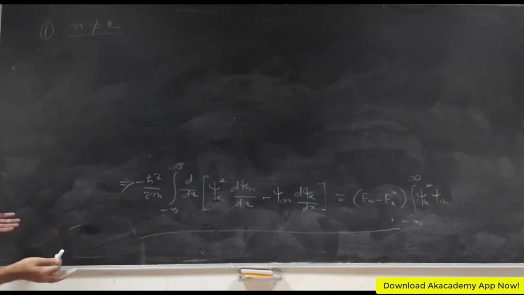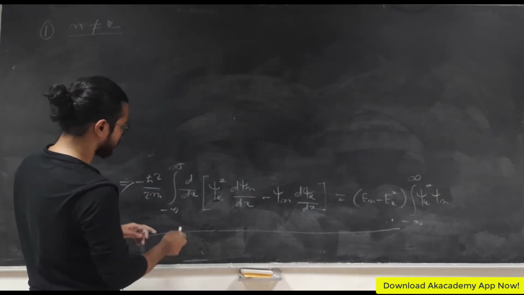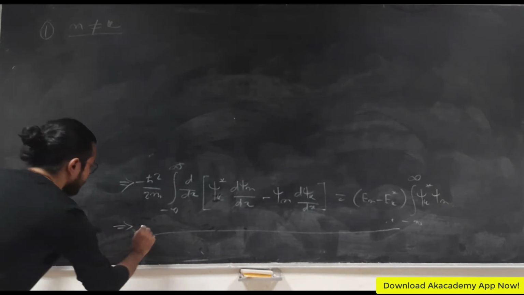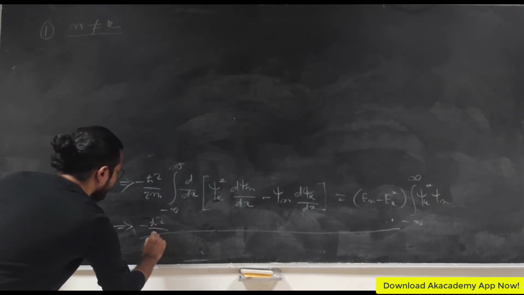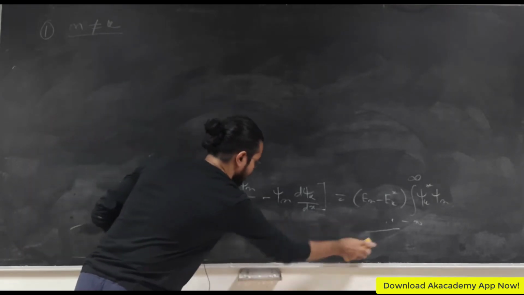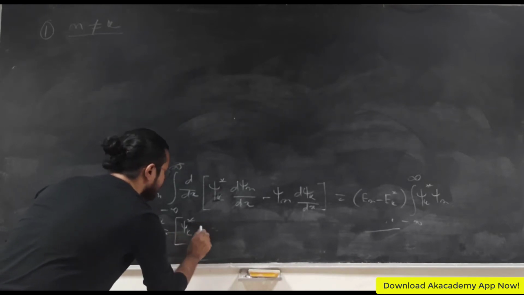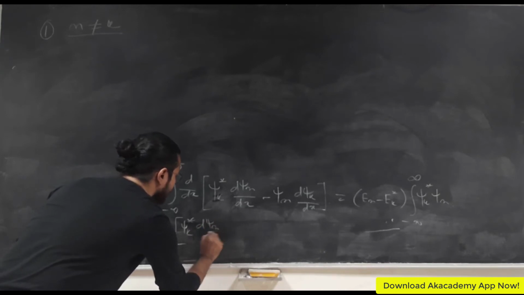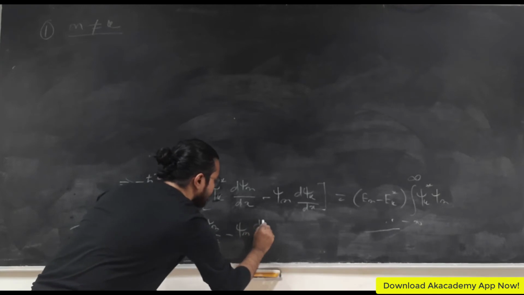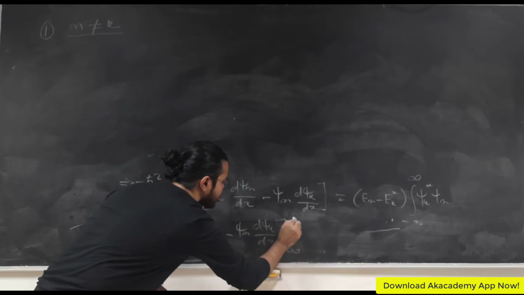In that case, this is just a d/dx, so it will give us minus h bar squared over 2m as it is, and psi k star d psi n dx minus psi n d psi k star dx, integrated over minus infinity to plus infinity.